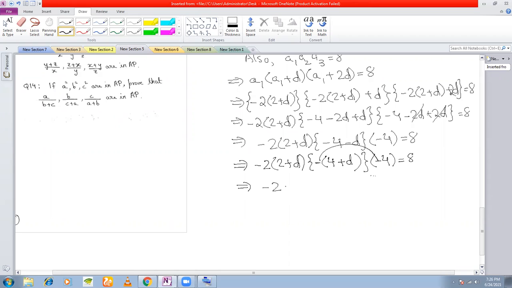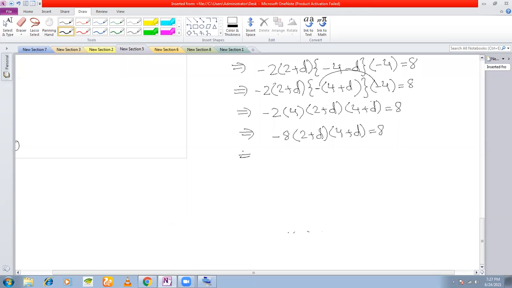So what are you going to get? Minus 2 into 4 into 2 plus D into 4 plus D is equal to 8, isn't it? So now 4 into 2 will give you minus 8 here, minus 8, 2 plus D into 4 plus D is equal to 8.